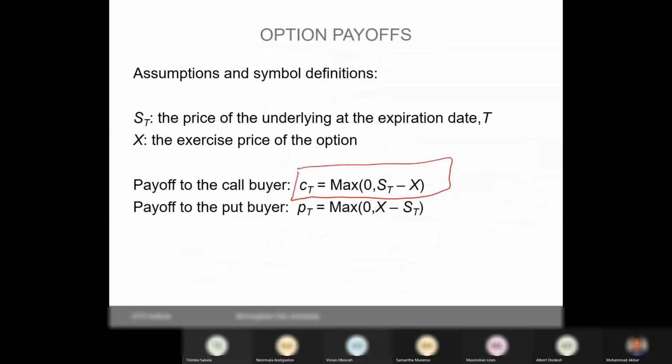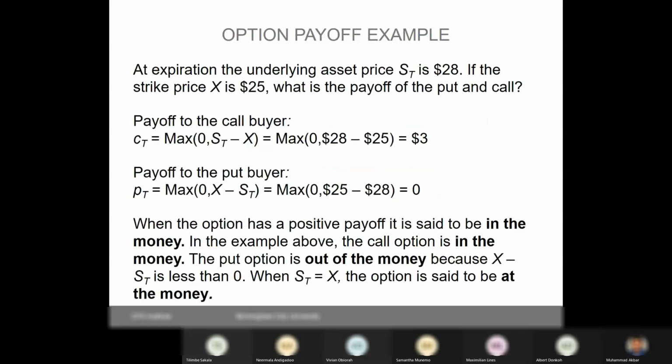So here is an example. At expiration, the underlying asset price ST is 28. If the strike price, exercise price is 25, what is the payoff of the put and call? So if it is a call option, you have the right to buy at 25 and you can buy it in the market for 28.